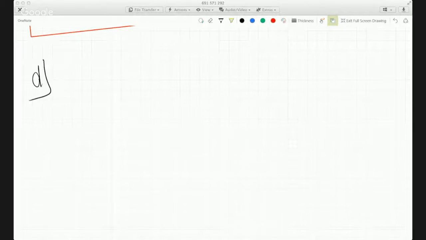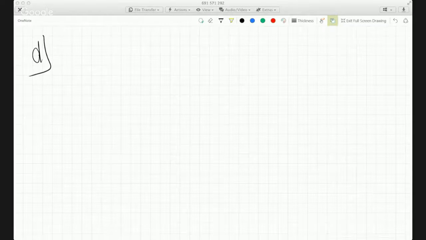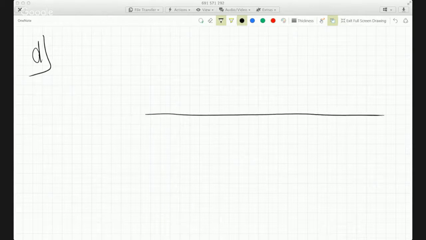Yeah, so this is, if you remember, we had two charges on the x-axis. Let's say this was the x-axis, and we had a charge of 3q at minus d, so this is minus d, right?